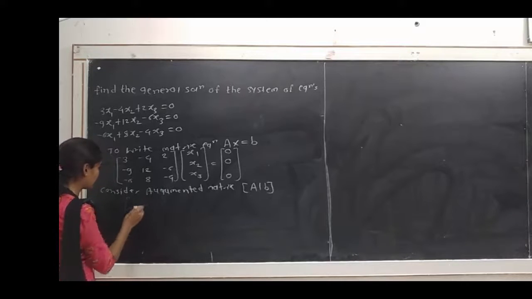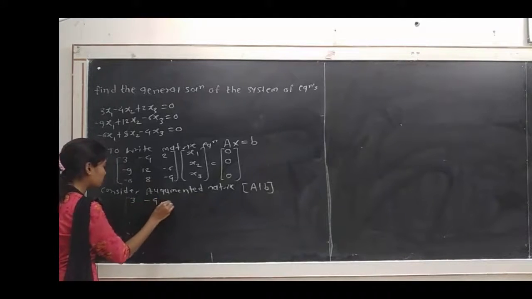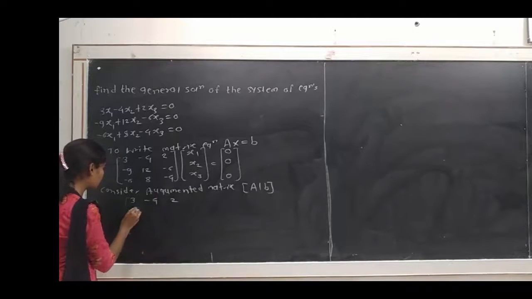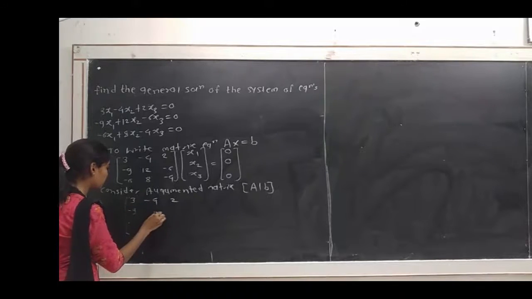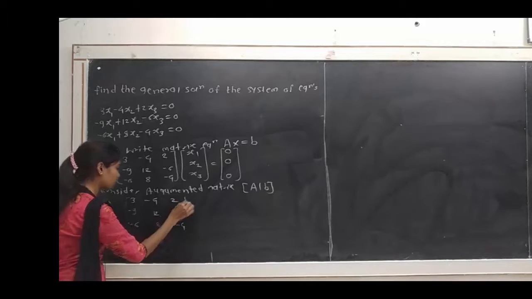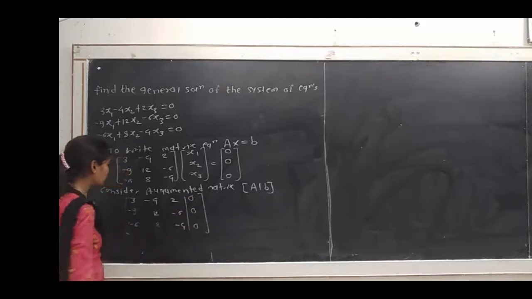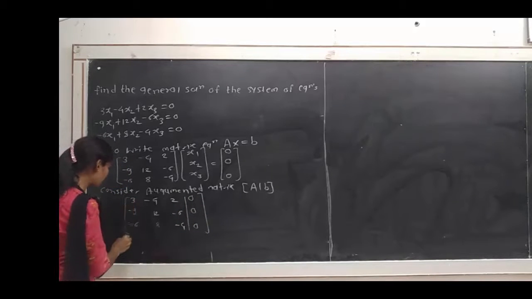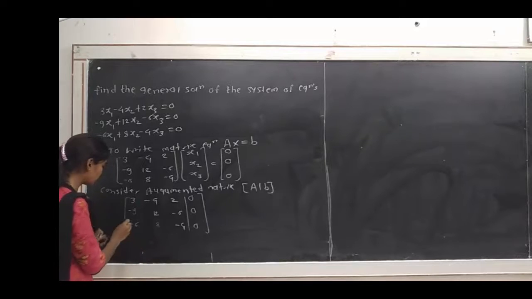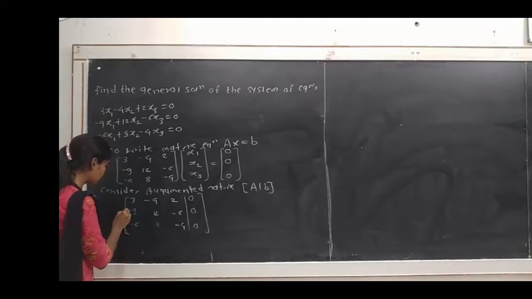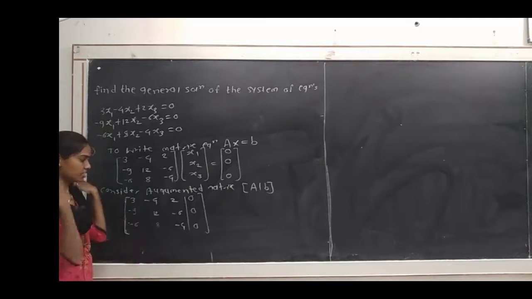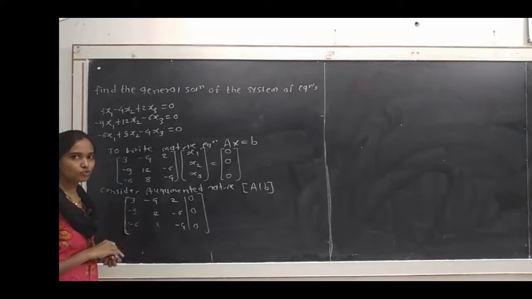So I write here 3, minus 4, 2, then minus 9, 12, minus 6, 8, minus 4, 0, 0, 0. Here we use the row echelon form. In the above example we used the reduced row echelon form.